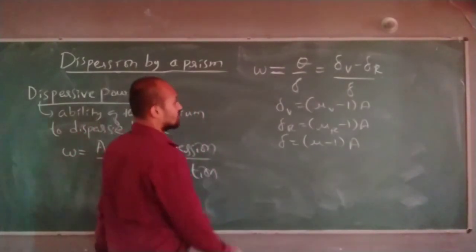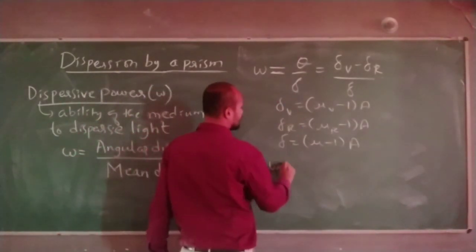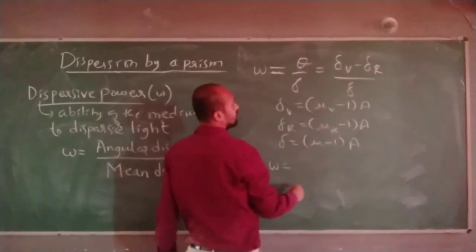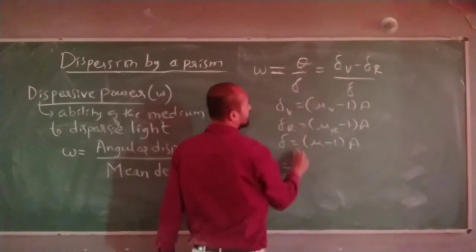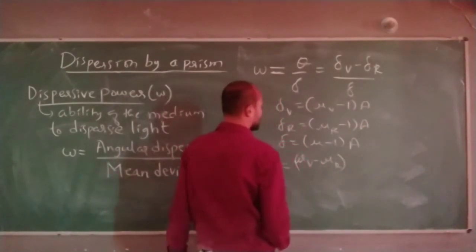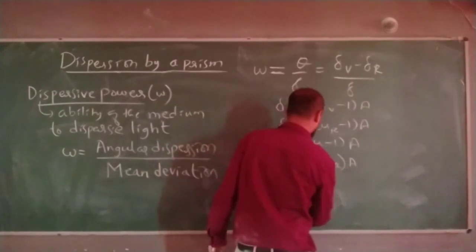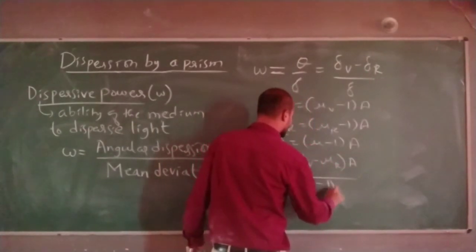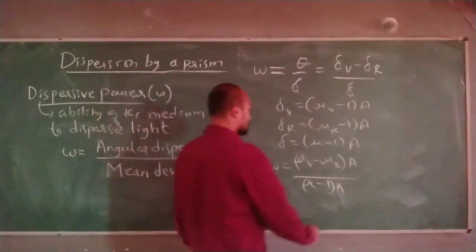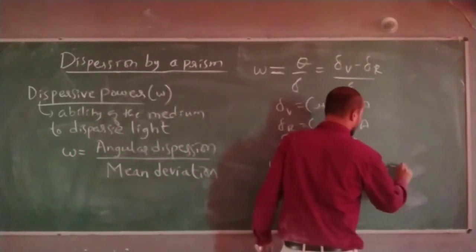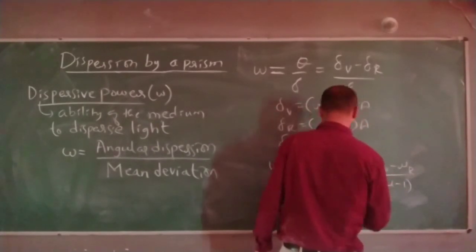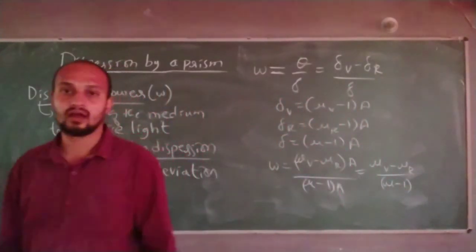So I can write omega is equal to, if you substitute all these values, mu v minus mu r into A divided by mu minus 1 into A. That is mu v minus mu r divided by mu minus 1. This is the dispersive power of the medium.